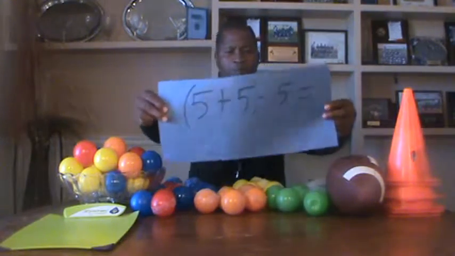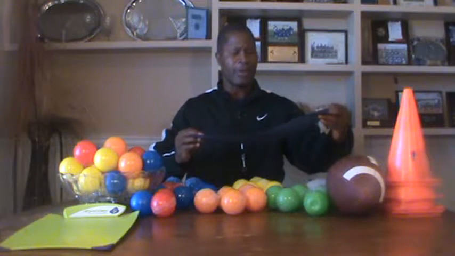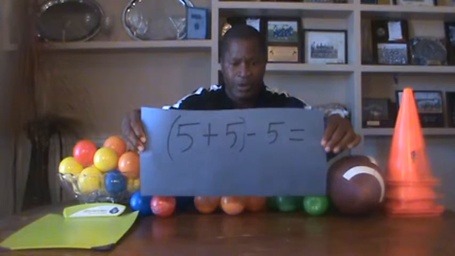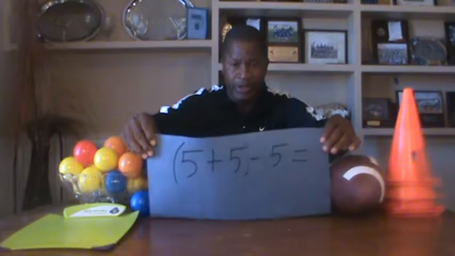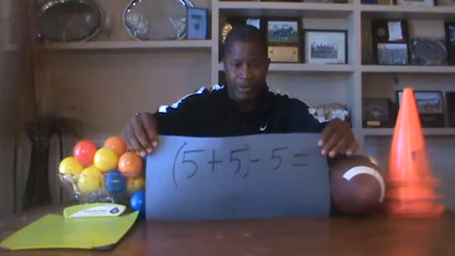Okay. Now, the next math problem is going to be 5 plus 5 minus 5. What you do here is you do the numbers in the bracket first. So how do you do that?